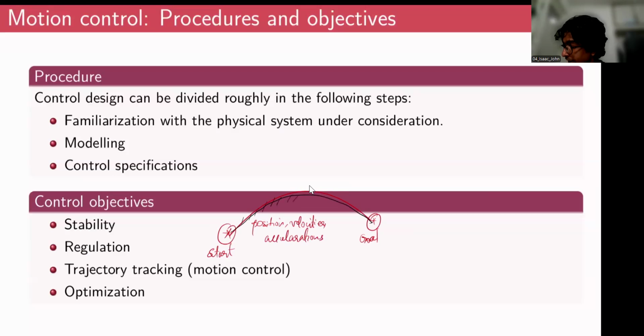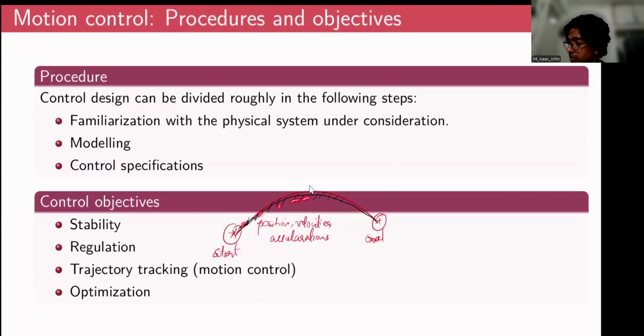So in trajectory tracking, the position, velocity, and acceleration at each of these points within this path will have to be followed. So it is not enough that the robot reaches the goal position somehow. The velocities and accelerations will also have to be followed at each and every instance of this path.